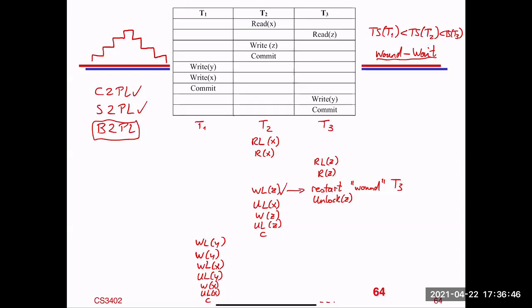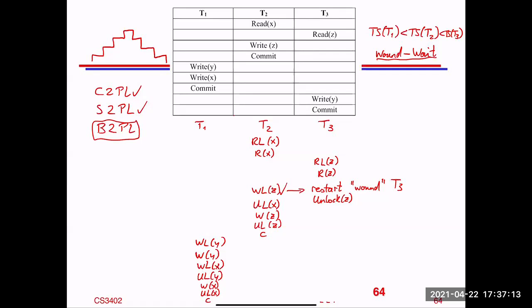So, there's a question: what if T2 commits after T1? You mean if I just move this commit all the way down? Yeah, that wouldn't change anything as long as I don't change the order of these operations, because I have already released everything up here.